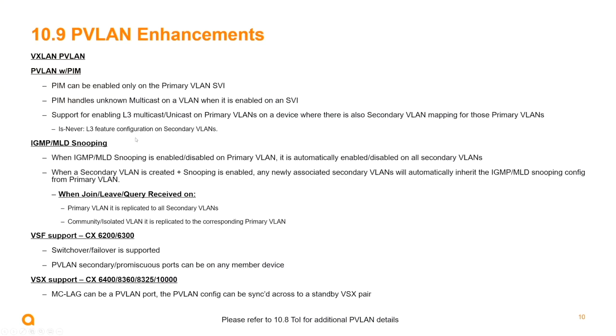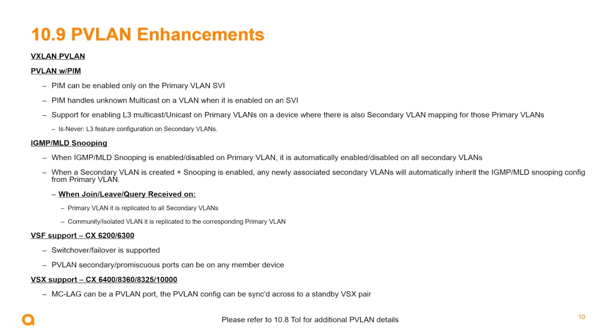When we're looking at PVLAN with regards to PIM solutions, PIM can be enabled only on the primary VLAN SVI. PIM handles the unknown multicast on a VLAN when it is enabled on an SVI. We also have support for enabling layer 3 multicast and unicast on the primary VLANs on a device where there's also a secondary VLAN mapping. But take note that the layer 3 configuration is never going to be configured on the secondary VLANs.